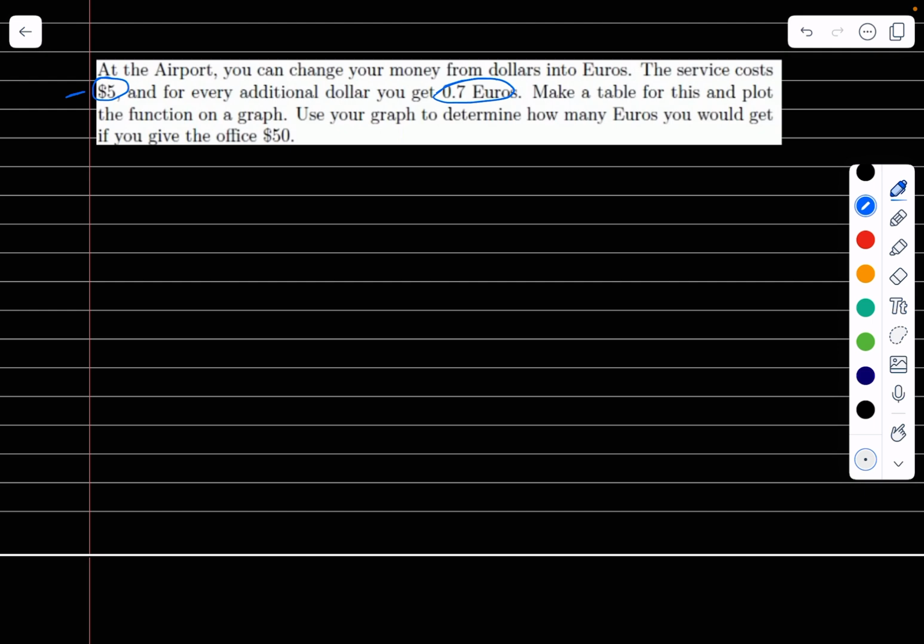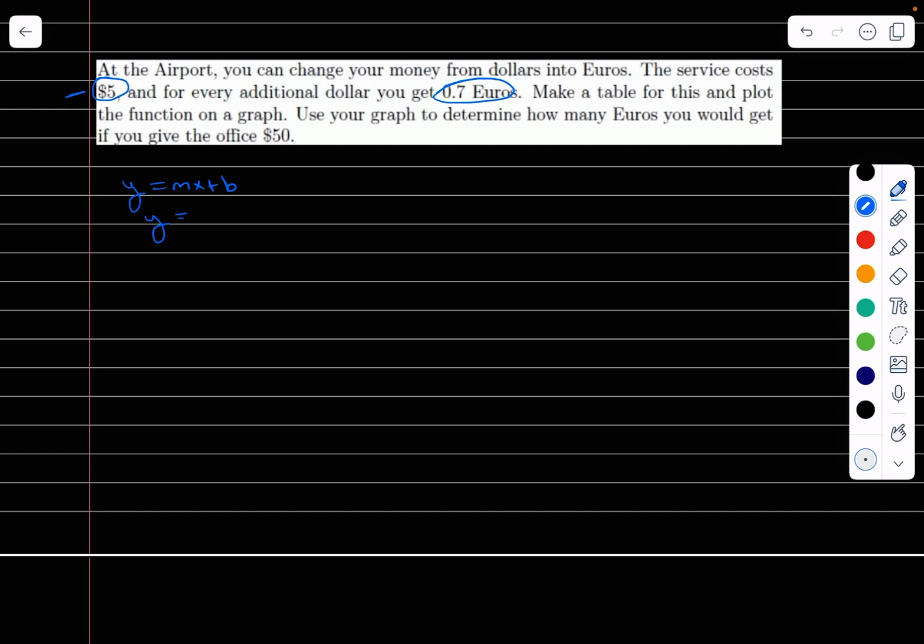Okay, so let's get into it. So let's write the equation. So remember, the general format for a linear equation is y equals mx plus b. So we know y. We don't know m, x, or b, but we can figure those out.